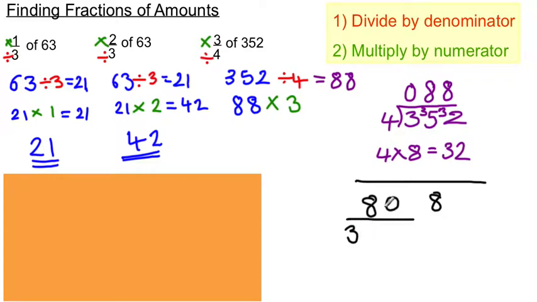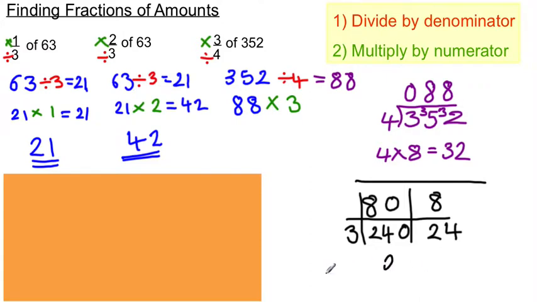So 3 times 80 is 240 and 3 times 8 is 24. So adding these two numbers together gives me 264.